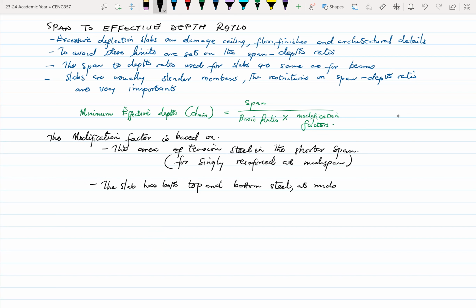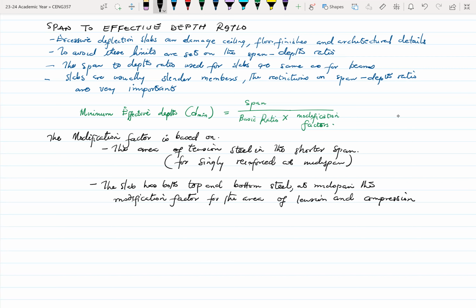At mid-span, the modification factor is for the areas of steel of both tension and compression. All right. I think that's the key difference that we are looking at.